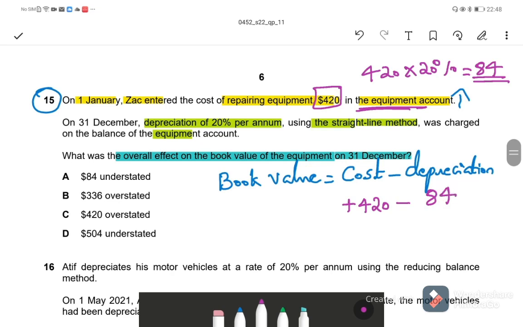Here cost overstated and depreciation also overstated. So the net effect 420 minus 84 is equal to 336 overstate. Actually it was overstated 420, but they deducted the depreciation also, the same mistake. So the net effect 336 overstated. Correct answer is option B.